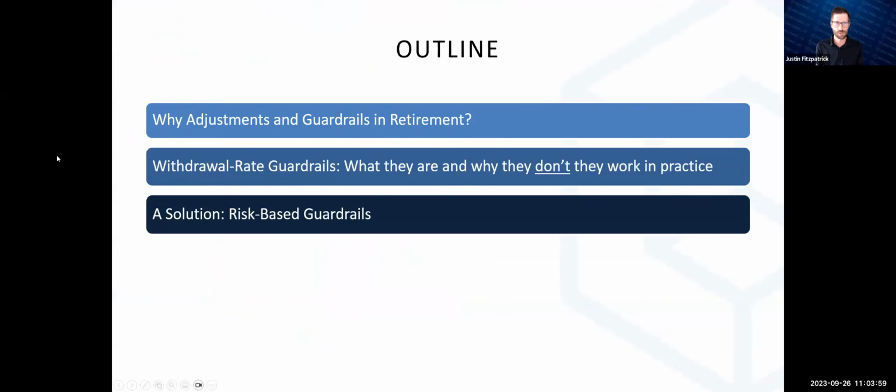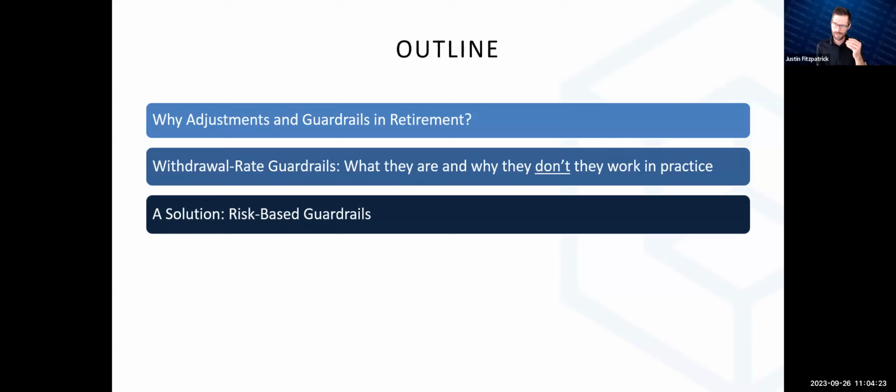Okay, so here's the outline. And actually, Derek presented something adjacent to this on kitsis.com maybe last month. So also, if you're interested in more of this type of content, definitely check that out if you're members over there. So the outline, I'm going to start kind of high level with why you would want to have adjustments and guardrails in retirement.